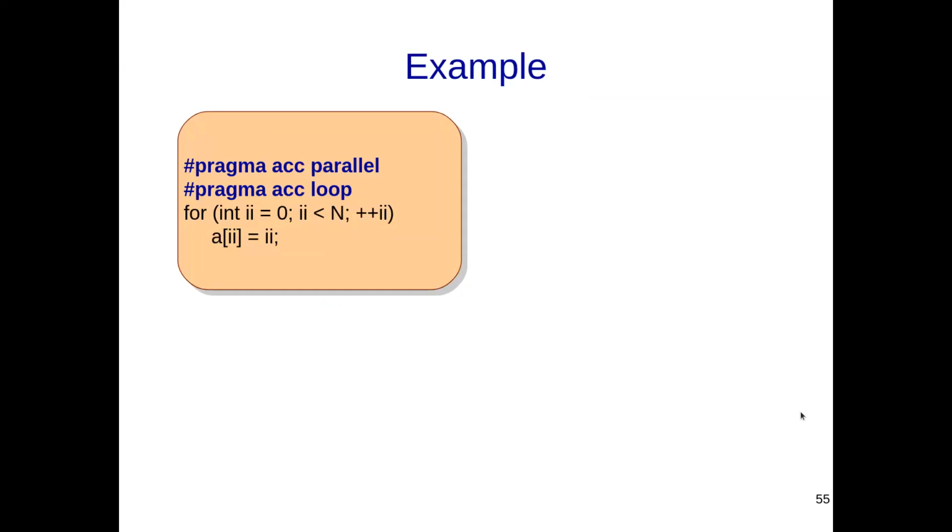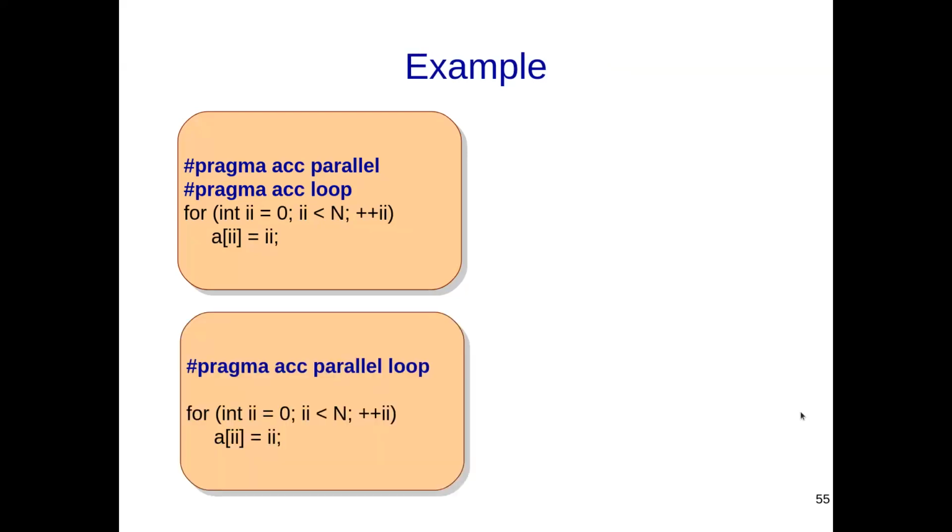All of them are thankfully going to set the same values in a[i], so there won't be any problem. But that is probably not what you anticipated. To specify that you are interested in work distribution and not only parallelization, you need to specify loop. That is what this code achieves, and the same thing can be achieved by combining these two as #pragma acc parallel loop. Any questions so far?